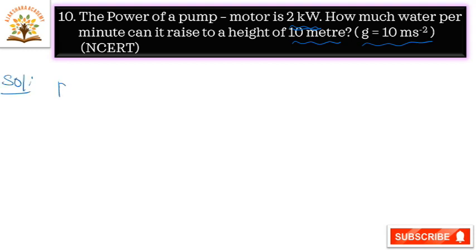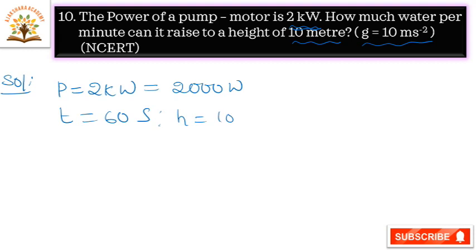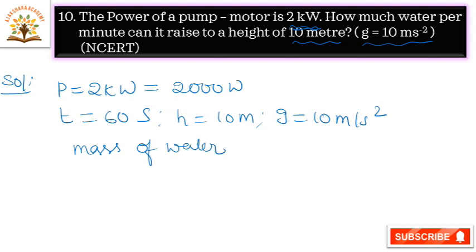Given P is equal to 2 kilowatts, converting into watts, 2000 watts, and t is equal to 60 seconds. Height they are given as 10 meters and g is equal to 10 meters per second square. Now we have to calculate the mass of water, that is m is equal to question mark.